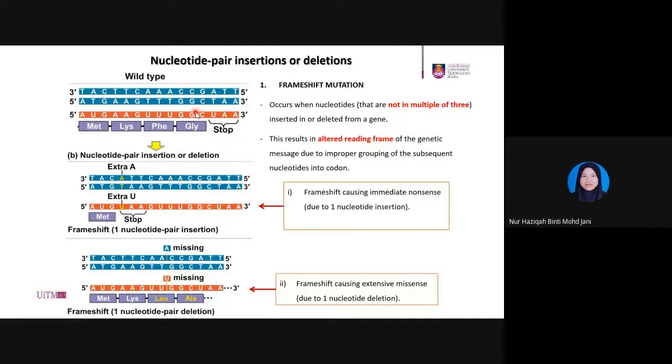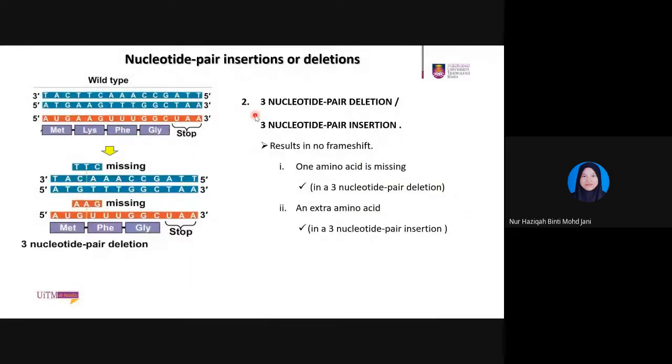Okay, tapi berlainan cerita kalau you insert 3 nucleotide pair, or you delete 3 nucleotide pair. So it means you insert a new codon or you delete a codon. So dia hanya akan affect one amino acid, kan? Sebab one amino acid is coded by 3 nucleotides ataupun a codon. Okay. So delete, for example, the sequence TTC, so the codon AAG will be deleted.